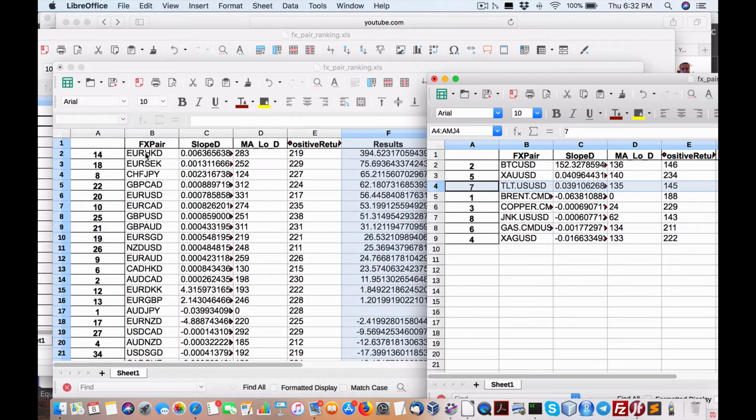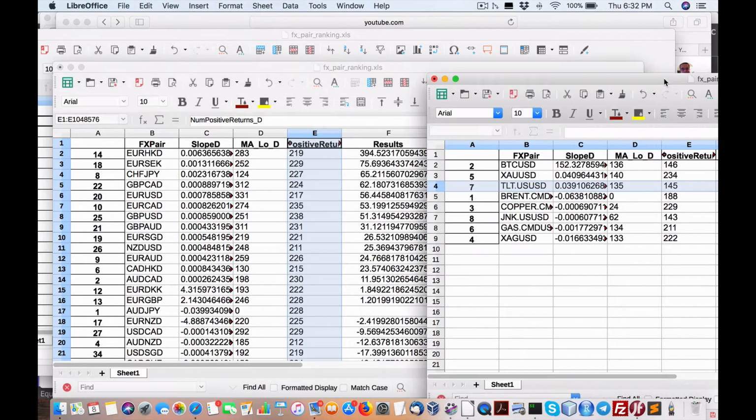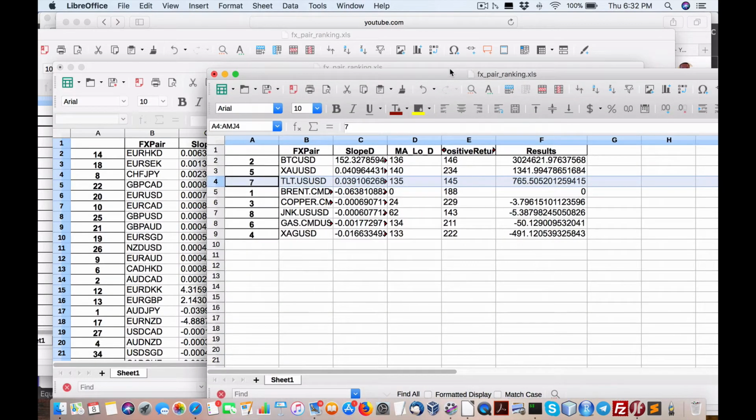So when you factor in the Euro Hong Kong dollar with this overall result, which is basically multiplying the slope of the moving average over the long and the positive returns statistically, and just giving you an end result of this at 394, whereas, well, let's go through it.